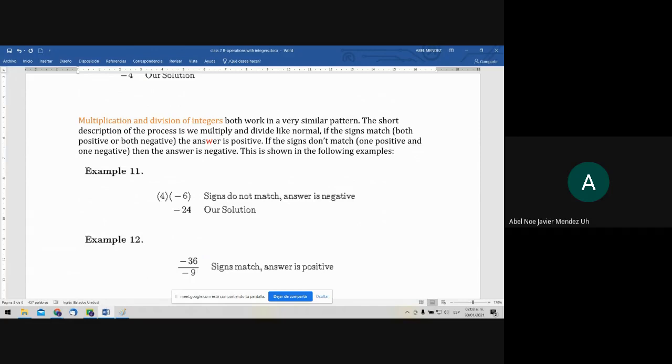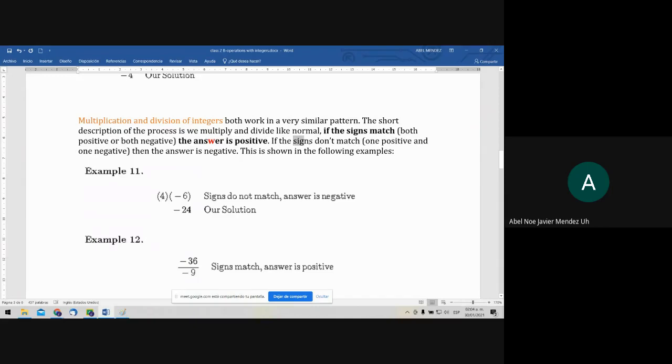Okay, the short description of the process is we multiply and divide like normal. If the signs match, the answer is positive. Okay, this is important. If the signs match, the answer is positive.